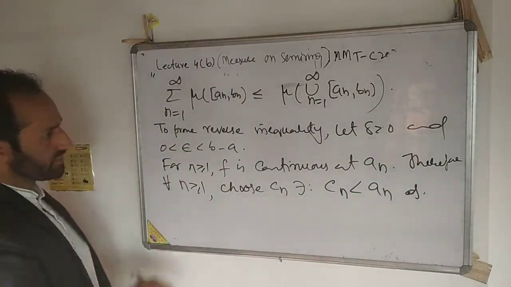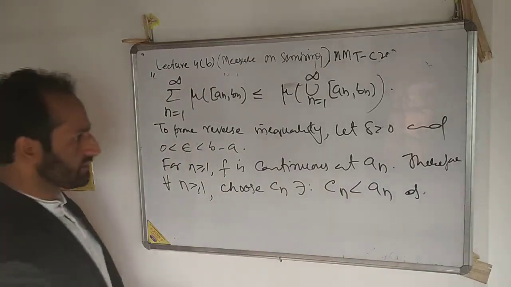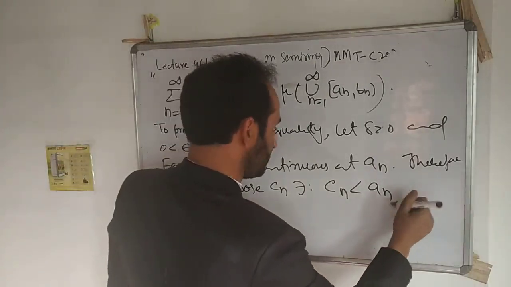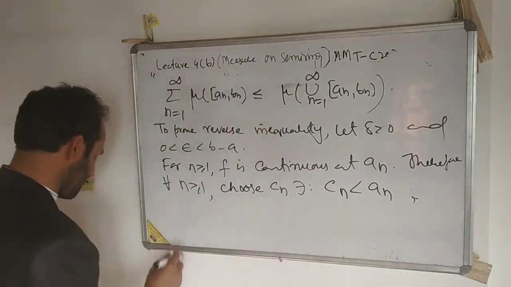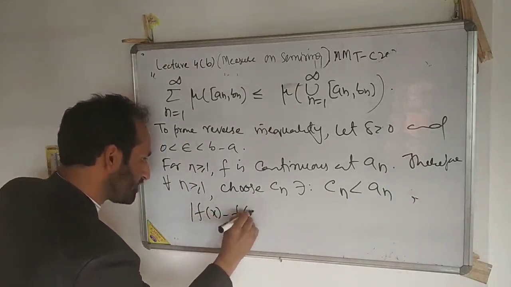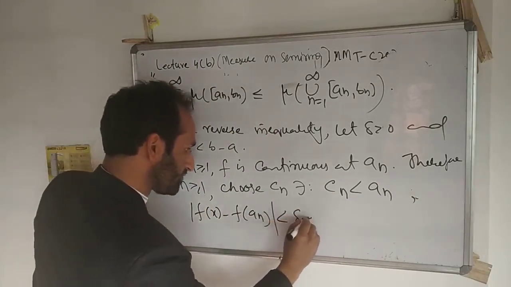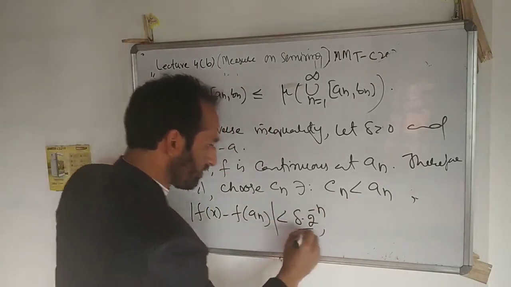For all n, f is left continuous at a_n, and therefore for all n greater or equal to 1, choose c_n such that the modulus of f of x minus f of a_n, by left continuity, is less than delta times 2 power minus n.